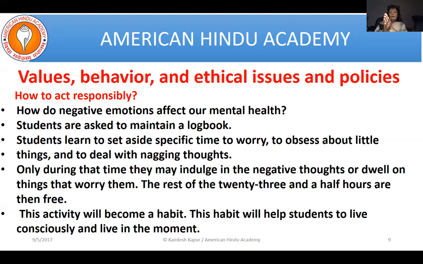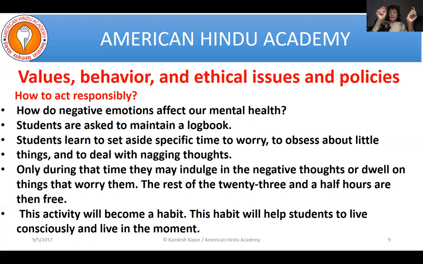And once you spend those 15 minutes or so, which you have set aside, say at 11:30 in the morning, maybe your lunch break, all that you do is get rid of these negative thoughts by hating, worrying, and put it down.